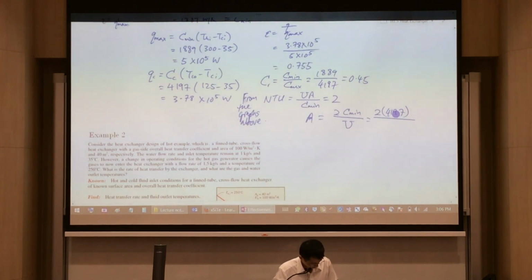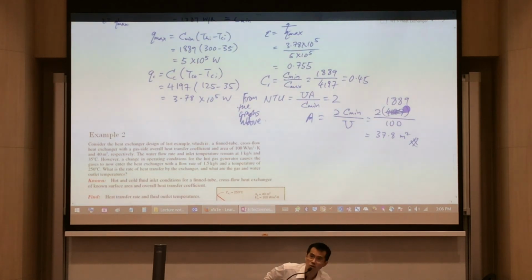That will be 100. So work it out, you get that equal to 37.8 meters squared. Oh, C min, yeah? 1889. Is it right? Okay. So let's go for a quick break and then be back 5 minutes later, and then we'll look at your example 2.